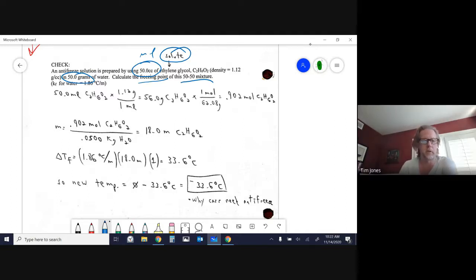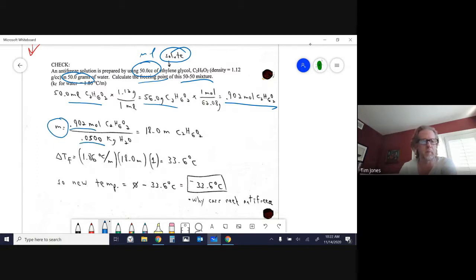So I took my milliliters of ethylene glycol and it gave the density, turned it to grams to moles. So here's my moles of ethylene glycol. I plugged that into the molality equation. So 0.902 moles of ethylene glycol.